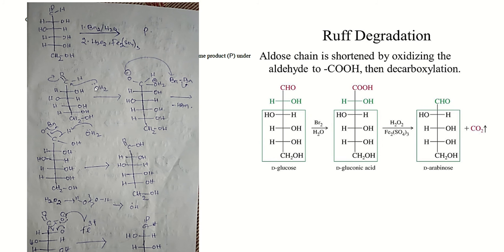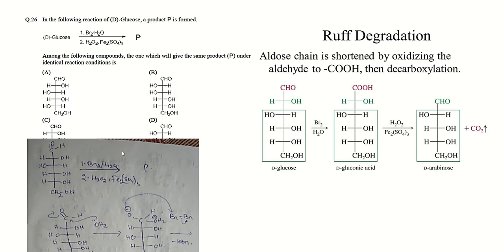In the first step, water acts as a nucleophile, and then this O minus attacks the bromine, and here you are seeing that the carboxylic acid is formed.